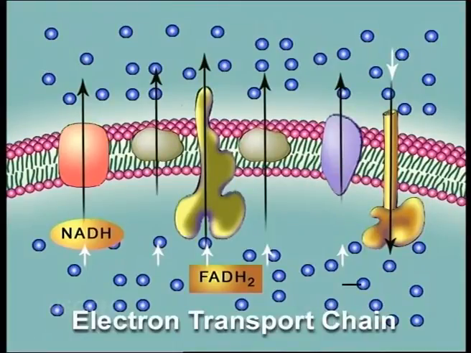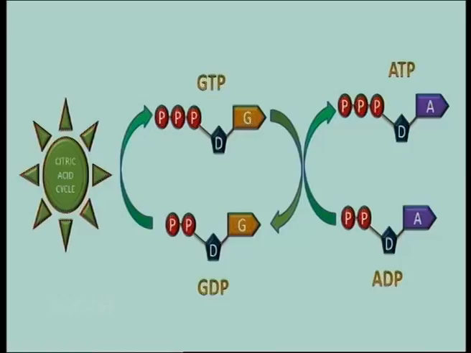These are the sources of electrons for the electron transport chain, and a molecule of GTP is formed. This GTP is readily converted to ATP and again recycled in the Krebs cycle.